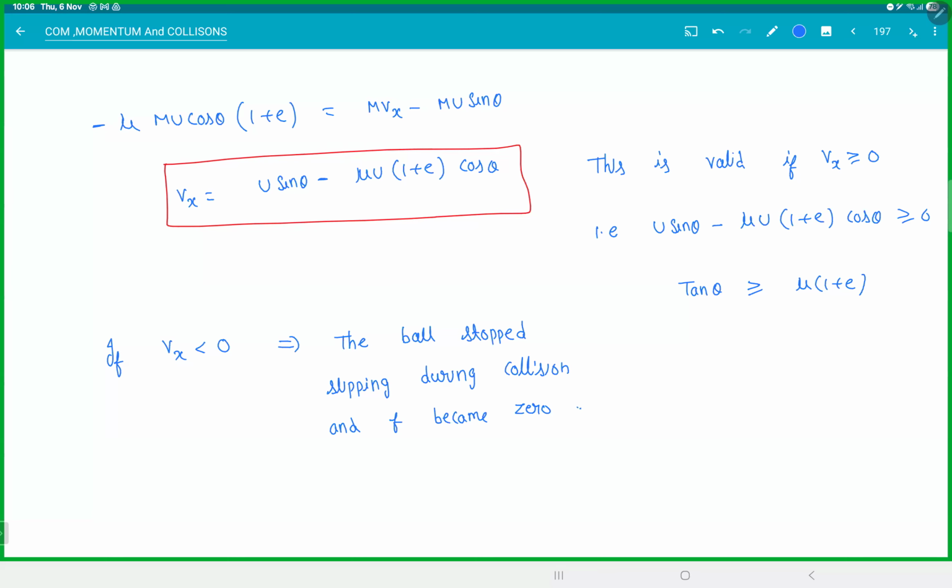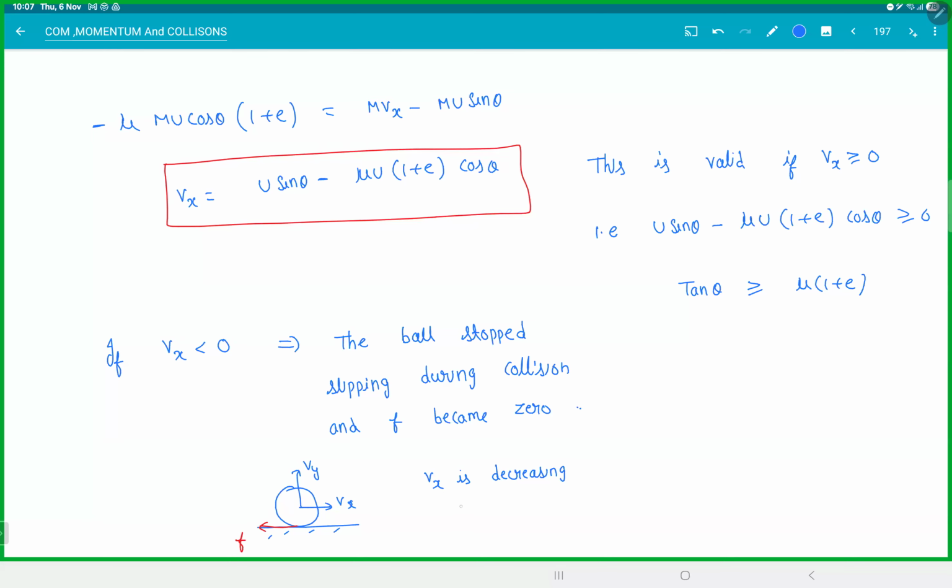Think of it like this. Why is the friction acting in the first place, everyone? If you see, the ball has two components of velocity, Vx and Vy. The reason friction is acting backwards is that Vx is moving, it is slipping. So here Vx is decreasing. And it is slipping basically. So Vx is decreasing in this case.